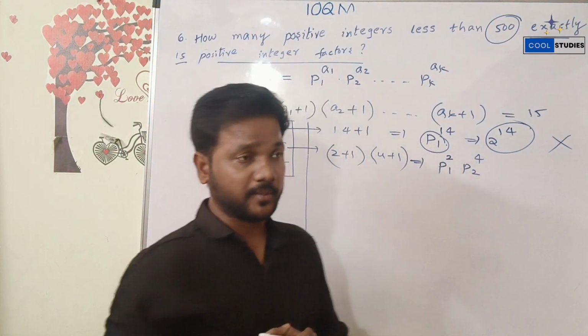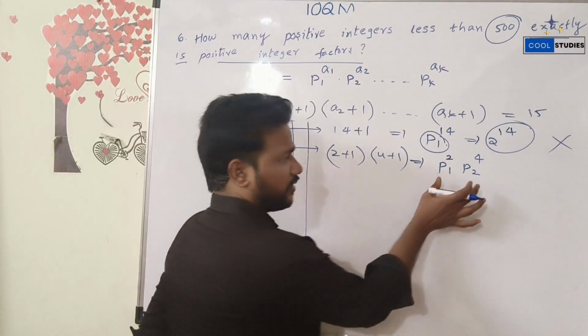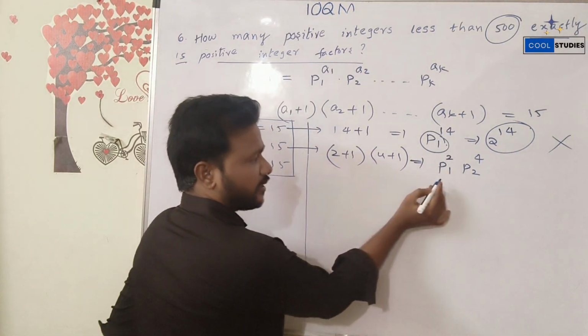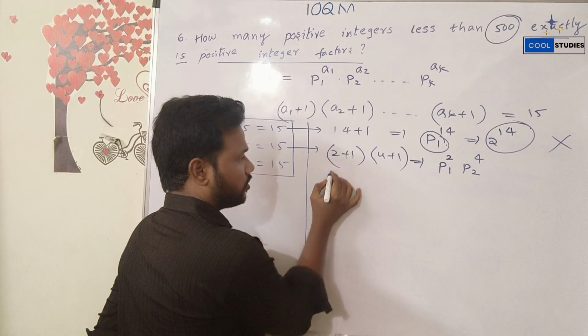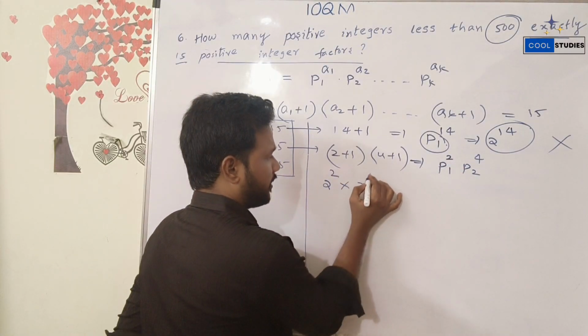If we consider the prime numbers 2 and 3, in place of p1 I am writing 2, so 2 square, and in place of p2 I am taking 3, 3 power 4.